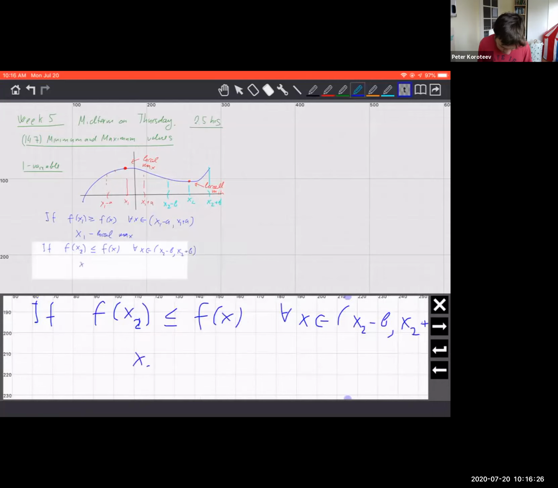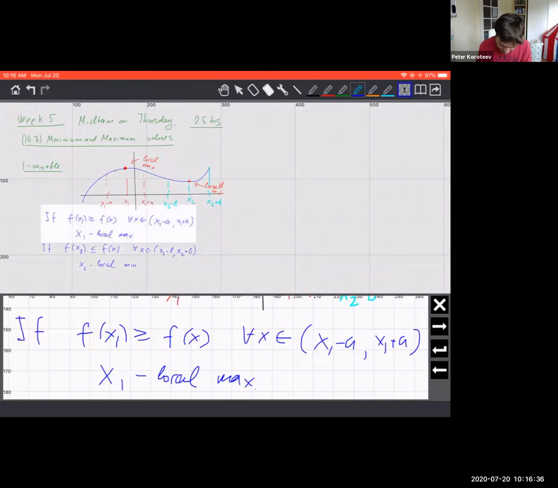Then we say that point x2 is a local minimum, right? So the adjective local refers to the fact that these inequalities need to be satisfied only within those neighborhoods, as opposed to global minima or maxima, where those inequalities must be satisfied in the entire domain of definition of the function, right?